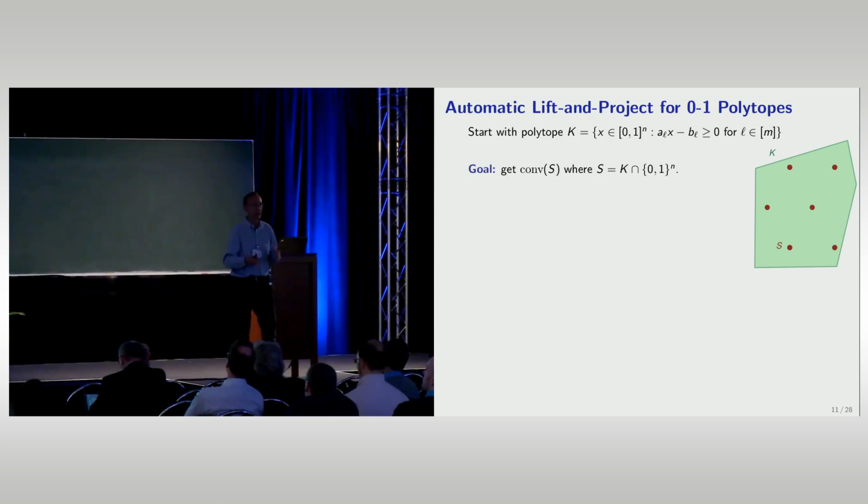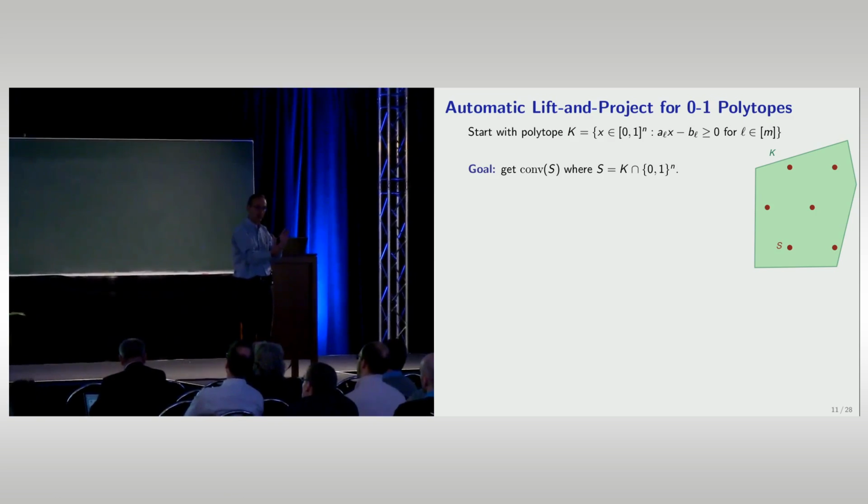Now, especially when we'll be looking at these NP-complete problems, these hard optimization problems, we won't be able to describe the convex hull completely. So what we may want to do is to look at a relaxation, to look at only some of the inequalities, and that will define a larger polytope.